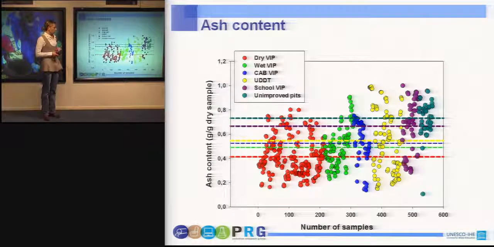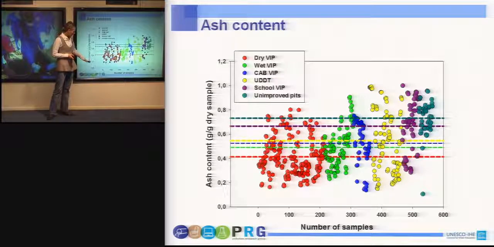If we go to the ash content, we see an even higher variation of the properties. For example, for dry household VIPs, the ash content varies between 0.2 to 0.8 grams per gram dry mass. It is very important to stress that we have been expressing the properties in gram per gram dry or gram per gram total solids.